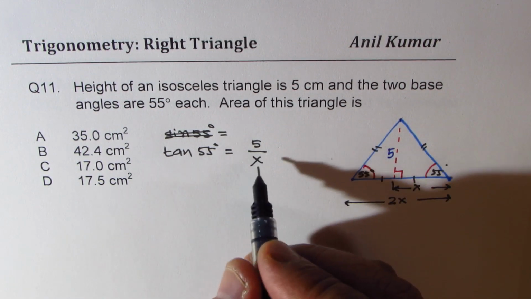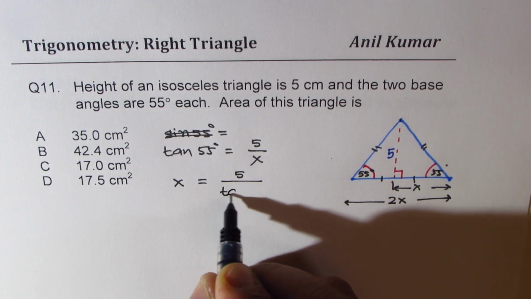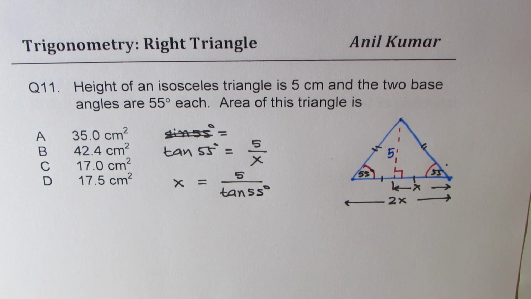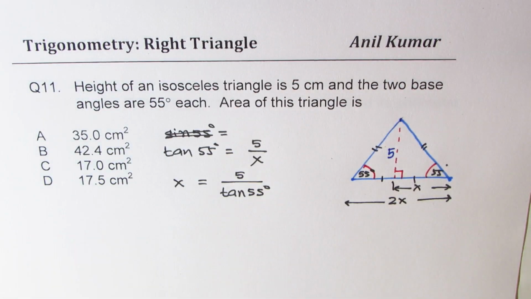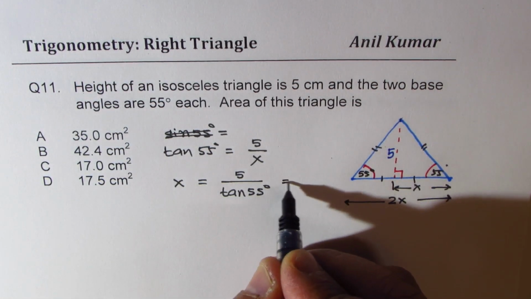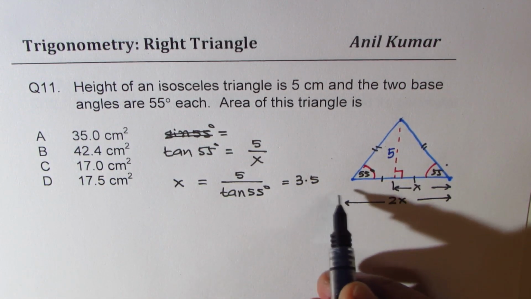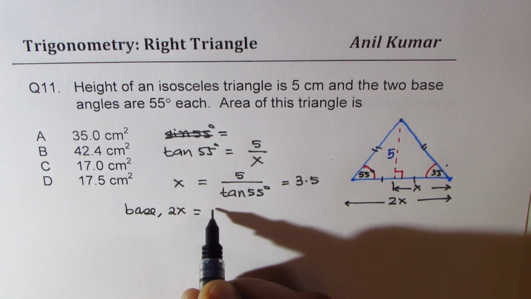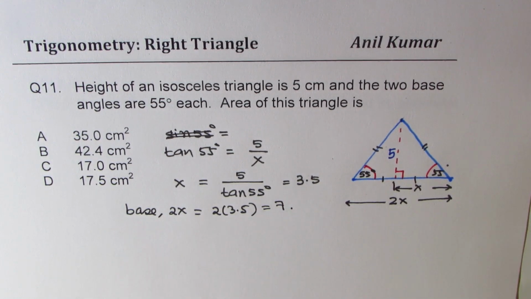Now from here, x is equal to 5 over tan of 55 degrees. So let's calculate. 5 divided by tan of 55 gives us 3.5. So if x is 3.5, the base, which is 2x, will be 2 times 3.5 or 7, correct?